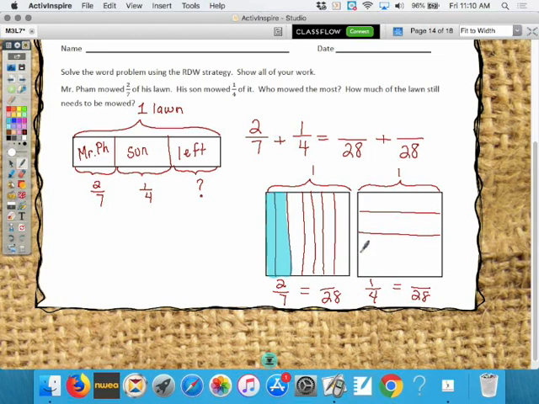So how many lines do I need? 3. Good. Then separate my sevenths into fourths and my fourths into sevenths. And then you just count.